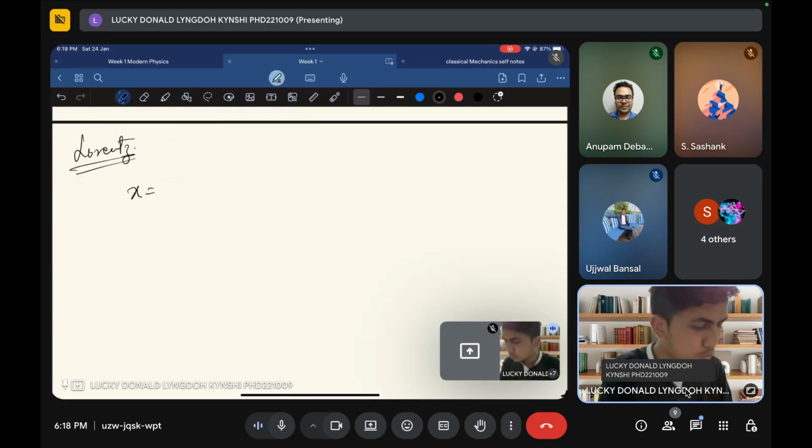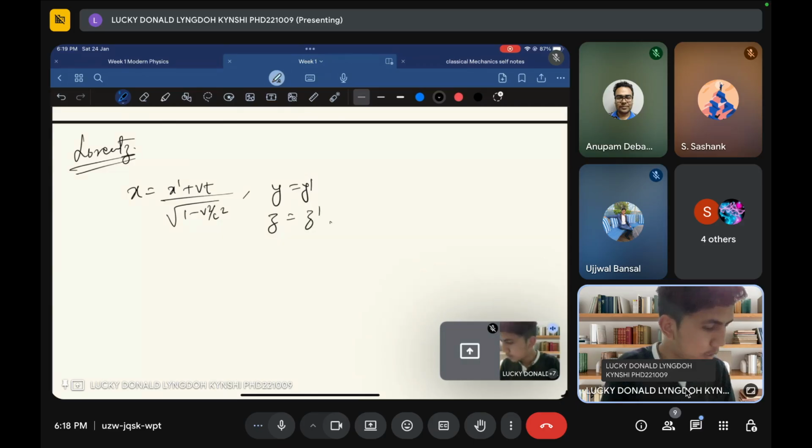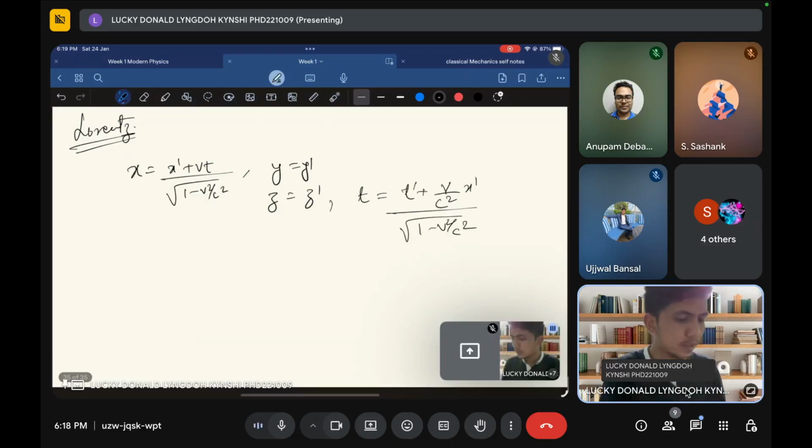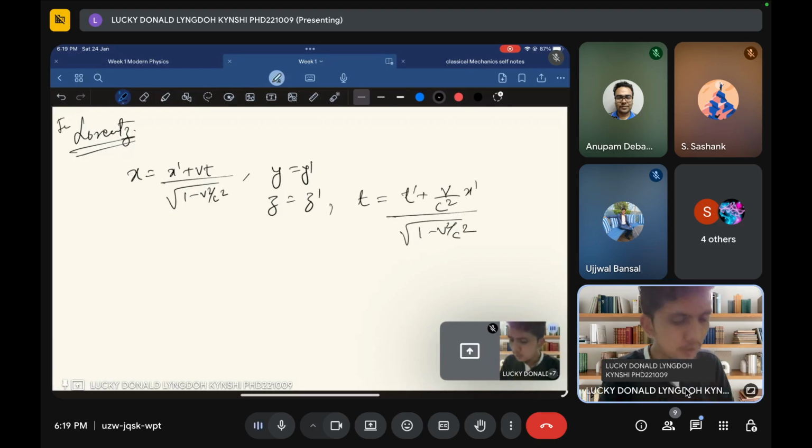We get x is equal to (x prime plus vt) over root of 1 minus v square by c square, y is equal to y prime, z is equal to z prime, and t is equal to (t prime plus v by c square x prime) over root of 1 minus v square by c square. This is the inverse Lorentz transformation. The Lorentz transformation will simply be x prime is equal to x minus vt, just in the negative direction.